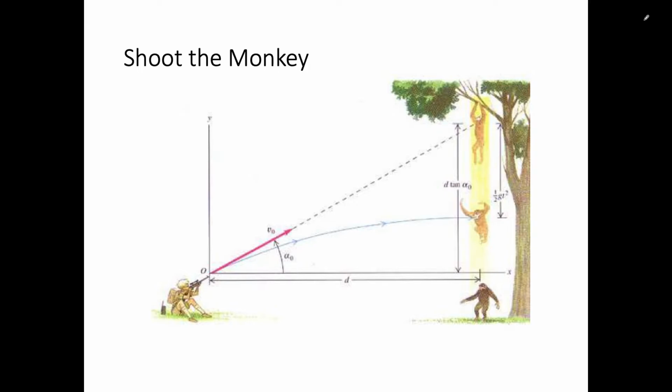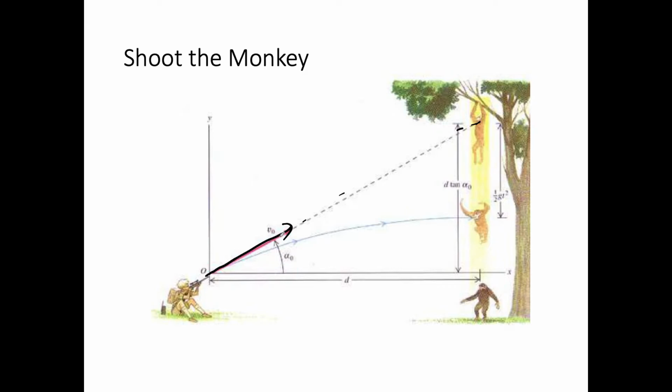And the problem states that if the hunter directly aims the rifle at the monkey, we can prove the bullet will always get the monkey, no matter what kind of velocity the bullet has.